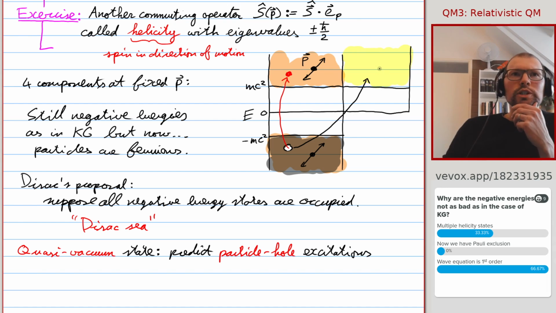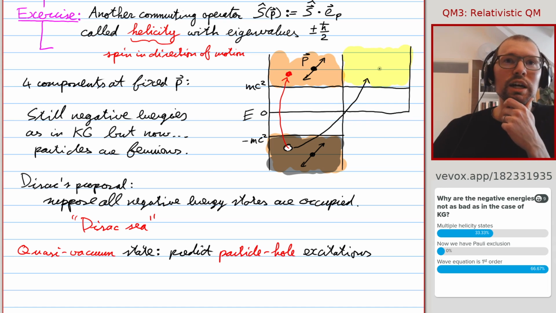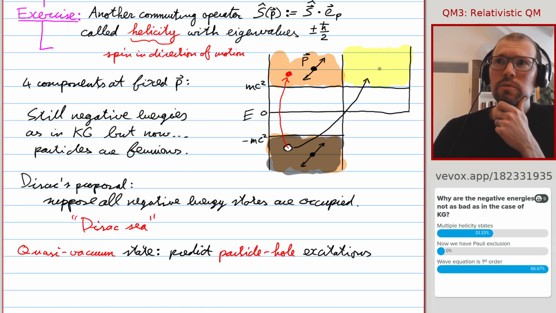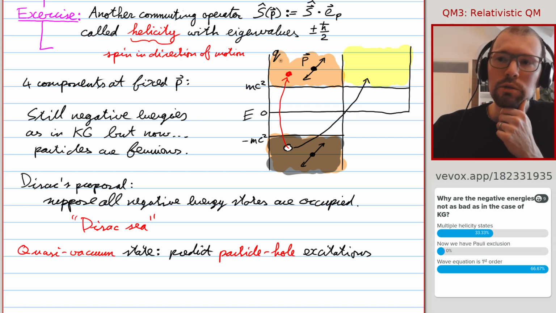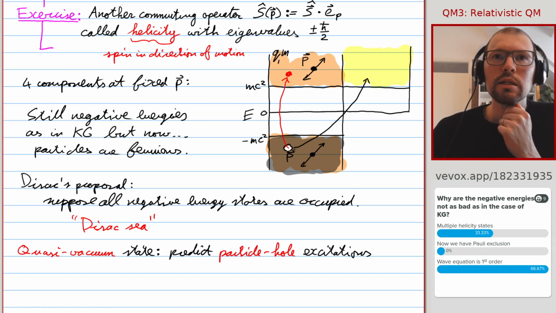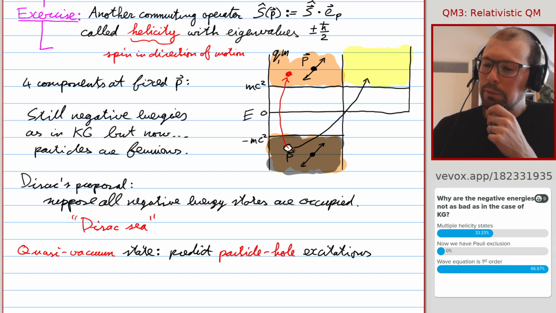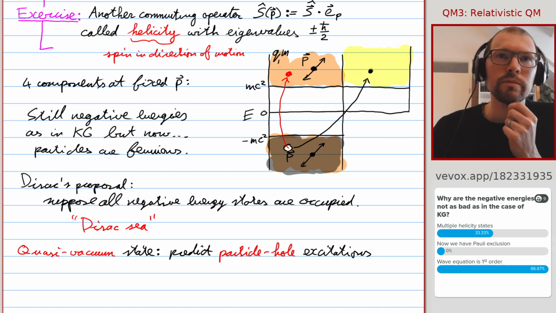So let's figure out what the properties are of these different species of particles that are actually holes in the Dirac Sea. Suppose that this was a particle with some charge q, some mass m, say the hole corresponded to some momentum p and some negative energy E. So what does that mean for the corresponding quasi-particle?